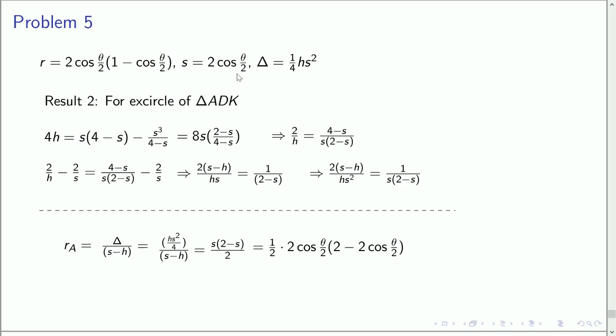S is equal to 2 cos theta by 2, substitute it here, this 2 will go away, this 2 will come out, so this is this, and this is r, so we have r equal to r_a, and that also means that since the radii are equal, those two circles are also the same. Okay, so that's what we have to prove.